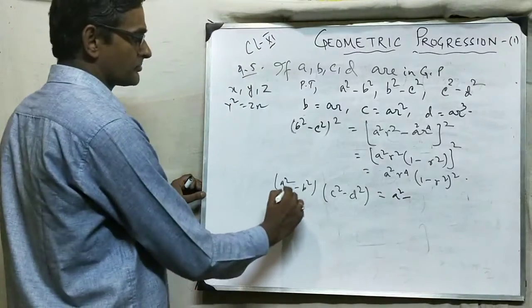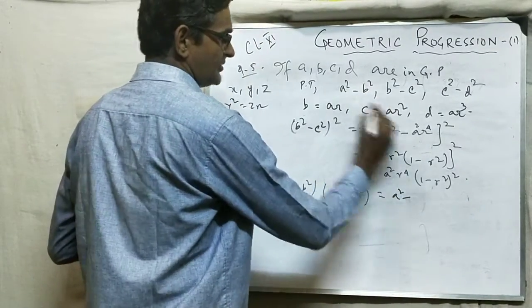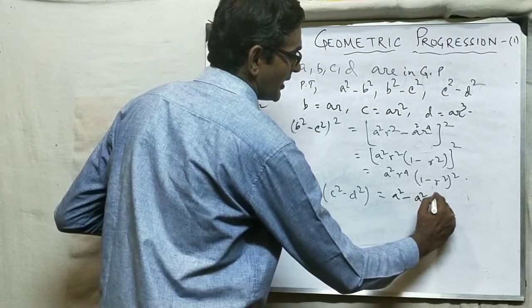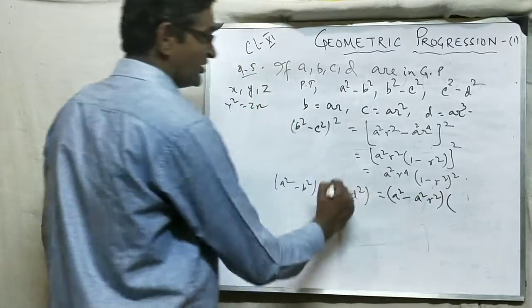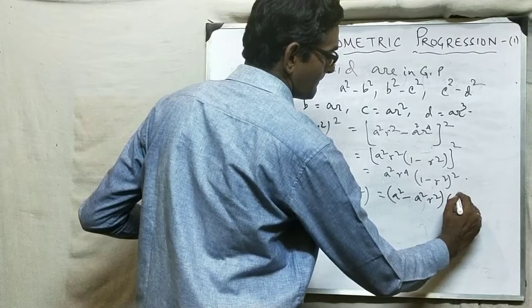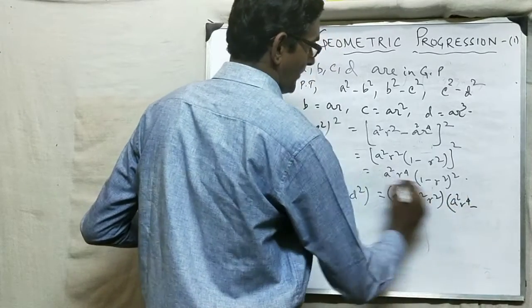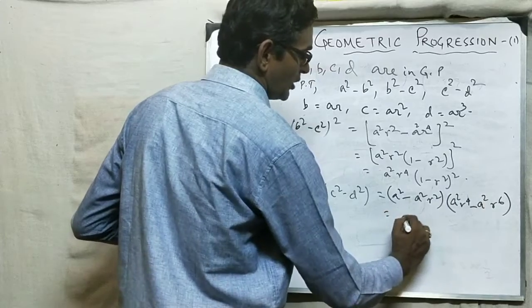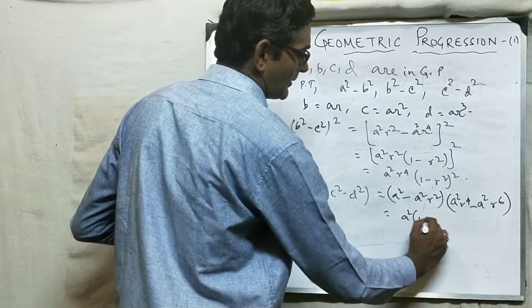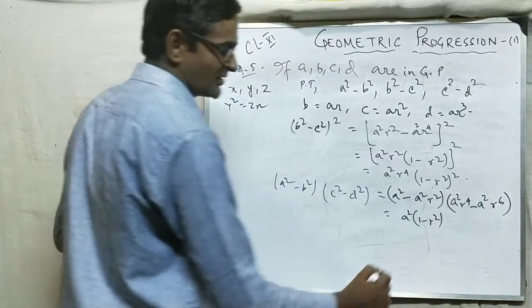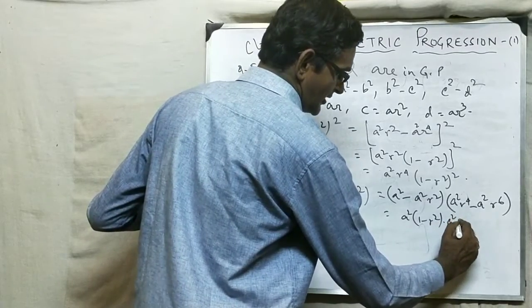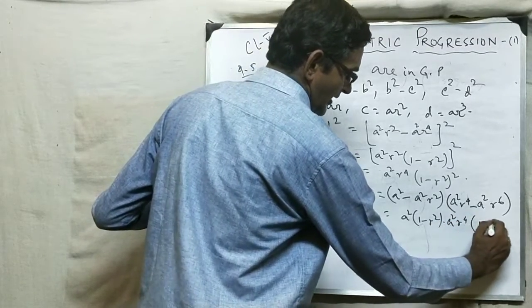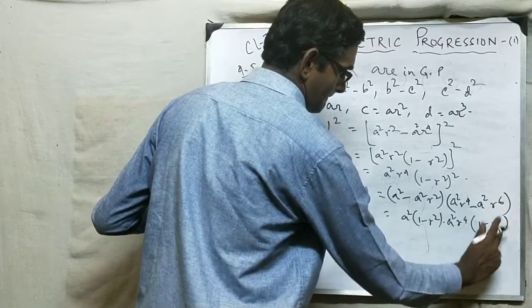What is b? b is ar, means a square r square. And c square minus d square: a square r to the power 4 minus a square r to the power 6. So if I take only a square common, what will I get? 1 minus r square. And if I take a square r to the power 4 common, again the same thing, 1 minus r square.